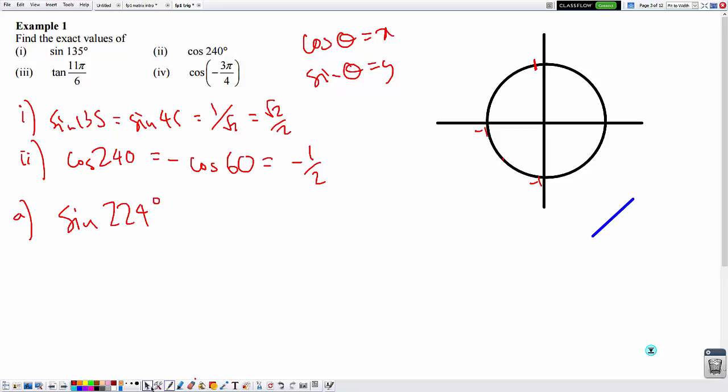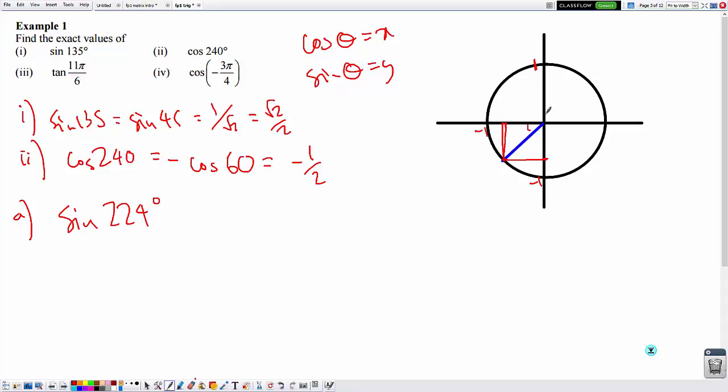Well, again, 225 is there, and that's 180, so that makes a triangle here. When I'm working out sine, I want the y value, don't I?